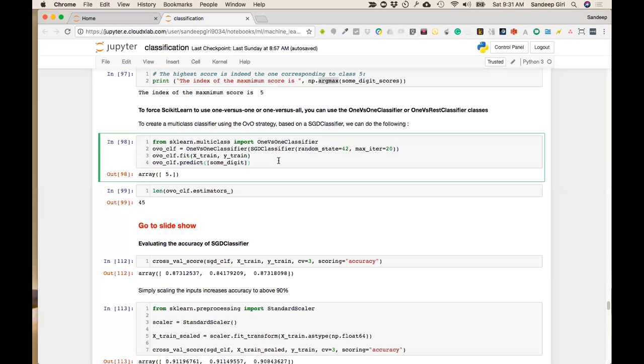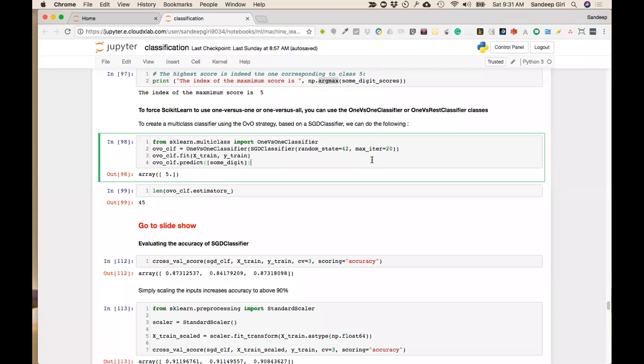Okay, so yes, the max iteration of 20 looks really less, but it is doing pretty well. If you think about all the features our data has, there are 784 features. So for every iteration, the computation has to be done on all those features, right? Therefore, even if it looks like 20, it is actually good enough.